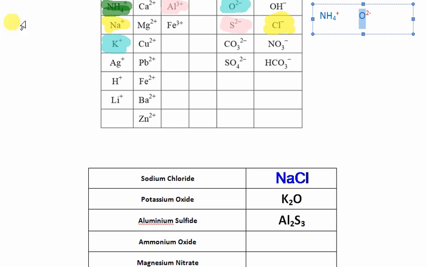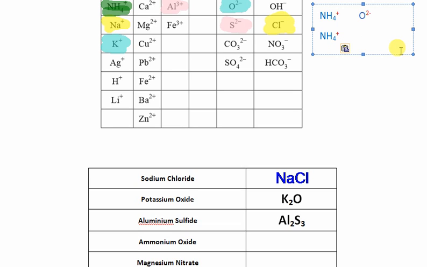So you can see here we've got 1 plus and we've got our 2 minus. So which one do we need more of? Well, we need more of the plus to balance out the negative charge. So if I have 2 of these NH4s, now I've got 2 pluses and a 2 minus. The charges are balanced.